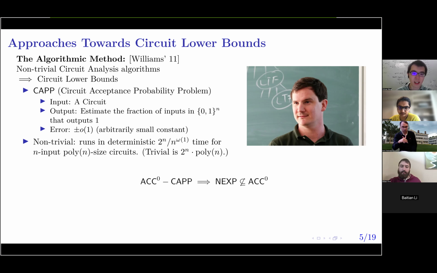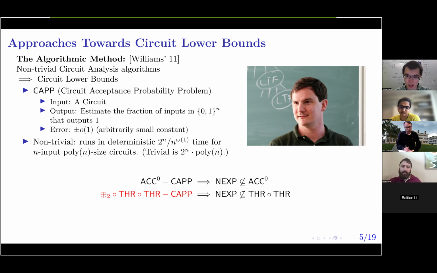Okay, so then what about for our threshold of threshold circuits? Williams' reduction actually works for circuit classes with good closure properties. Let's say for threshold of threshold circuits, if you have a CAP algorithm for XOR of 2 threshold of threshold circuits, then we have the circuit lower bound that NEXP is not in threshold of threshold.